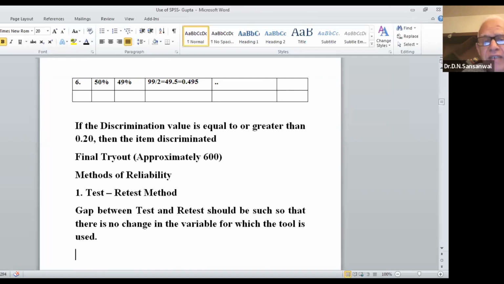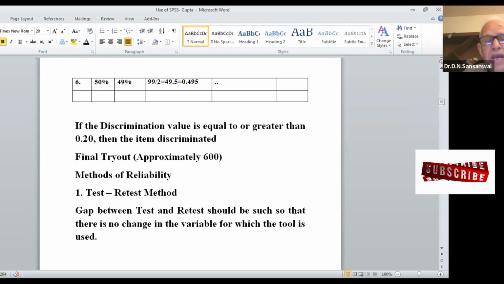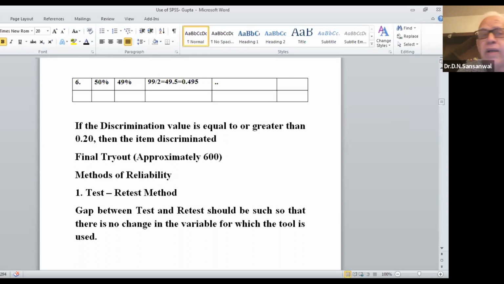Normally, the time gap between test and retest people have been taking as 10 days or 15 days, and some have taken even 1.5 months. But the more the time gap between test and retest, the commonness decreases, and therefore the reliability also decreases.